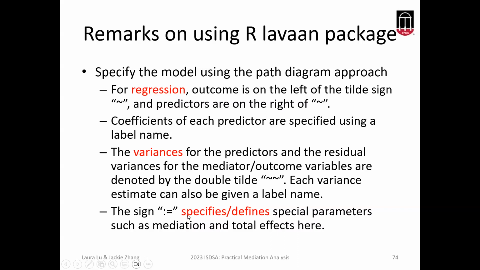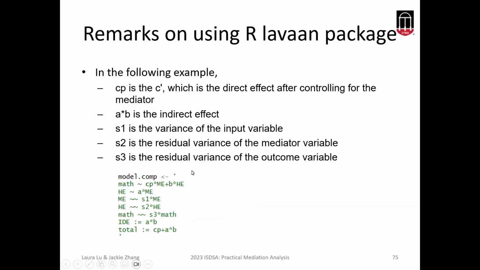And the sign of this is the definition of a new parameter. C prime is here; CP is for C prime, that is the direct effect. And we have A times B, which is the indirect effect. And the variances S1, S2, S3 are defined here by using the double tilde syntax.